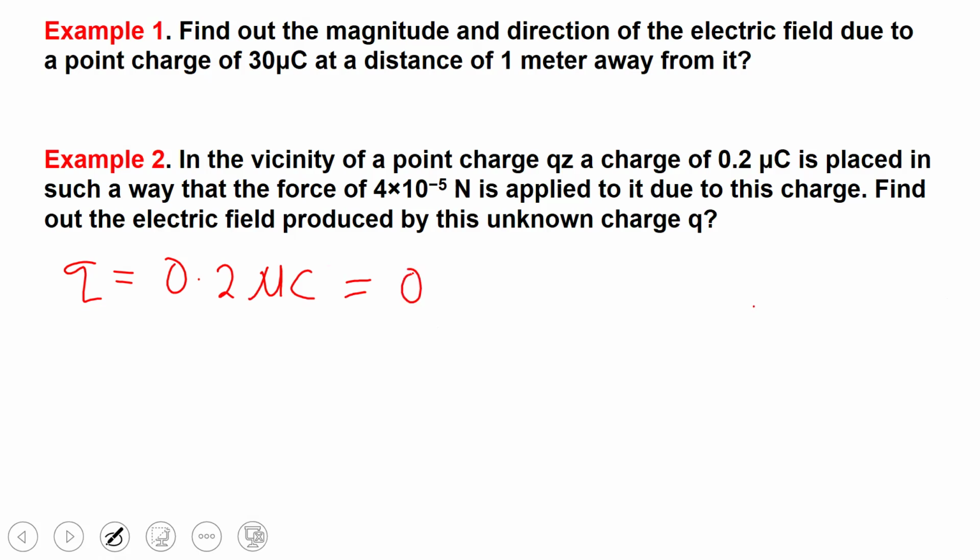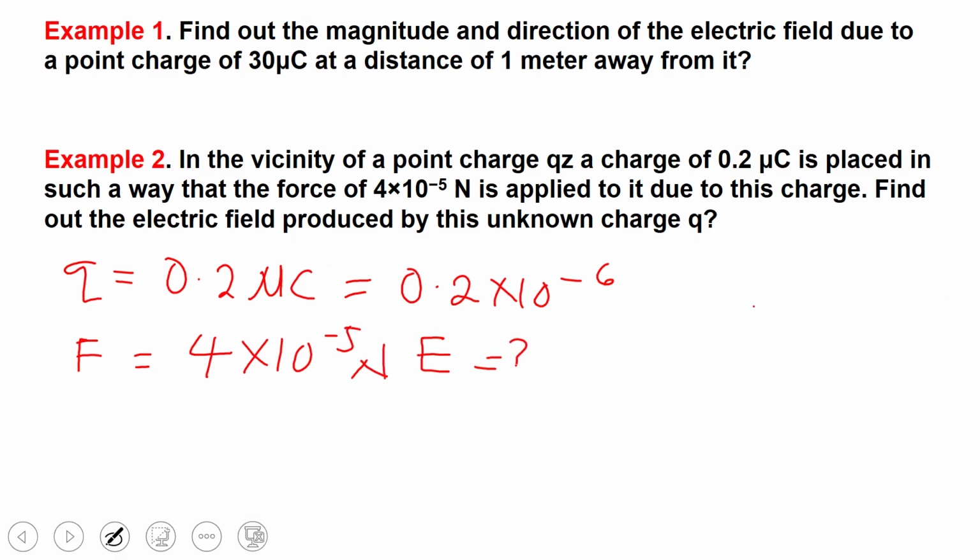Don't forget that micro is 10 power minus 6 coulomb. And then we have the force, which is F, given as 4 times 10 raised to the power of minus 5 Newton. And what we are to calculate is E, which is electric field intensity.